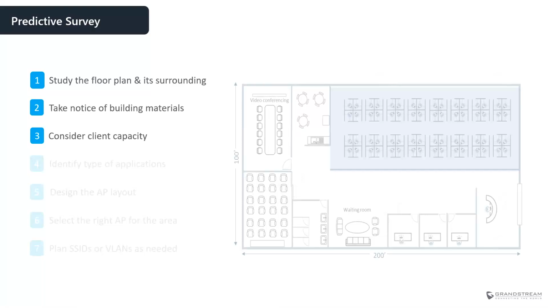So that tells us that this area is a high density area that will require 2 or more high density access points. So also identifying the type of applications and wireless solutions is also important to determine the amount of bandwidth required and whether QoS for such application is needed.